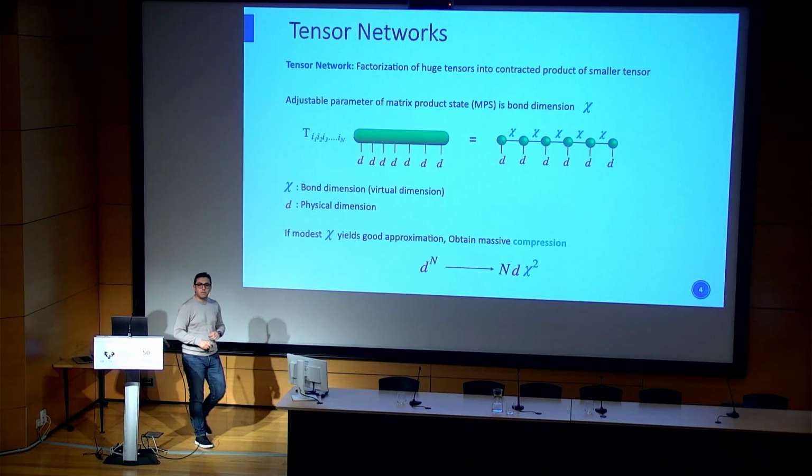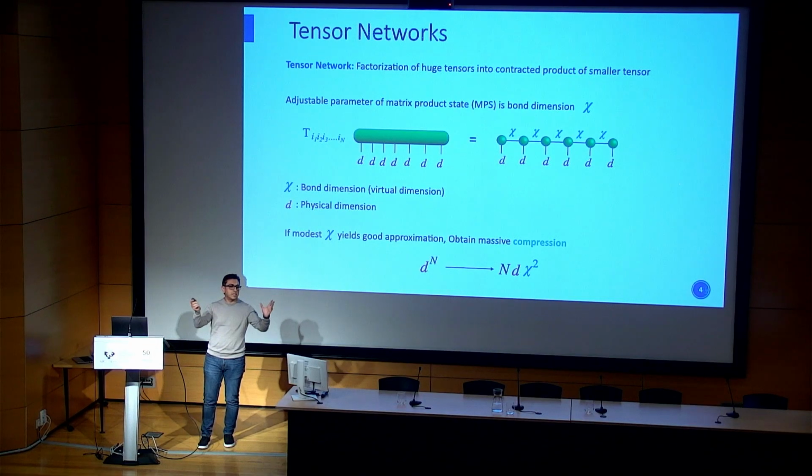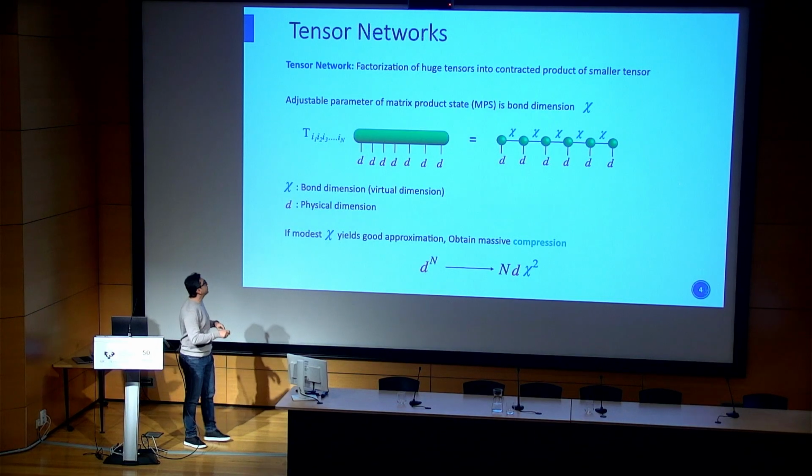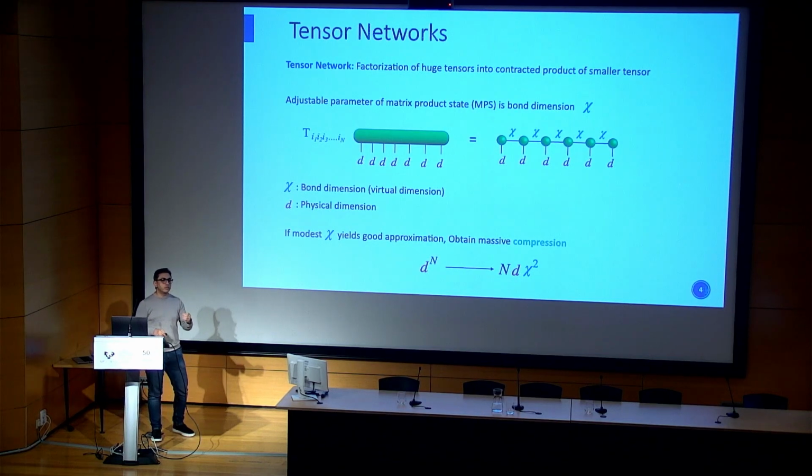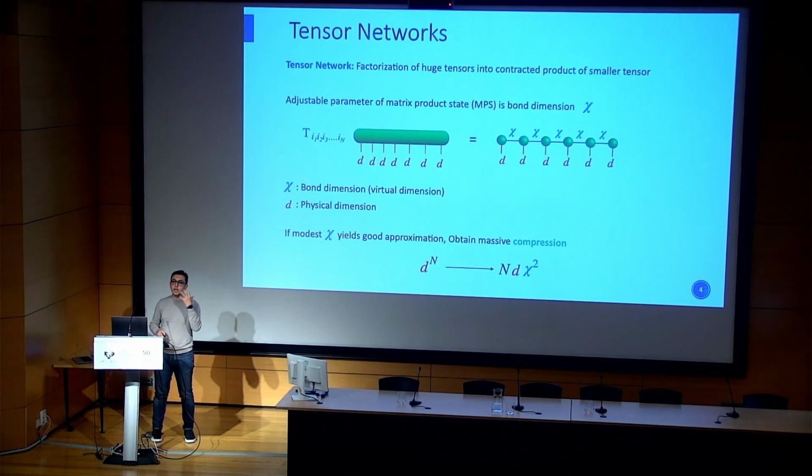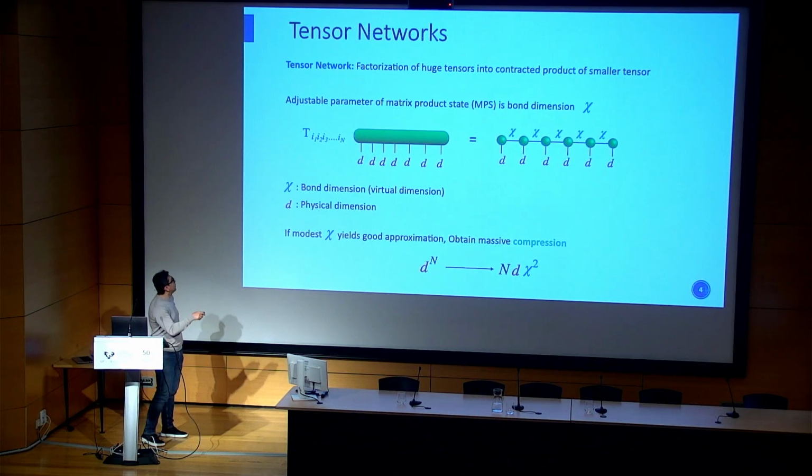But why are tensor networks good in a generic sense, in every field, not only physics? It is because they provide approaches for a compact representation of data or quantum states. As an example, consider this big object, which is an n-dimensional tensor, and each dimension has size d.